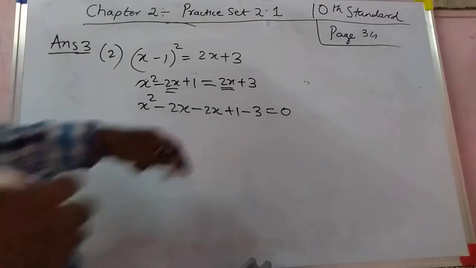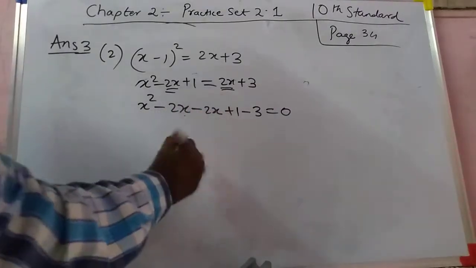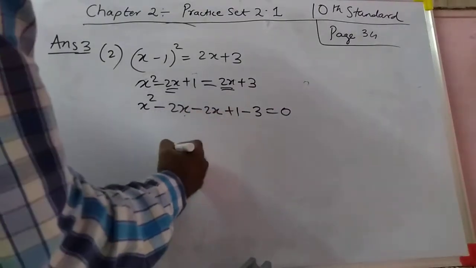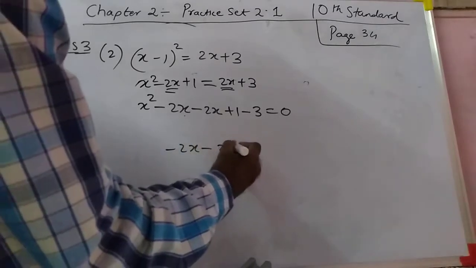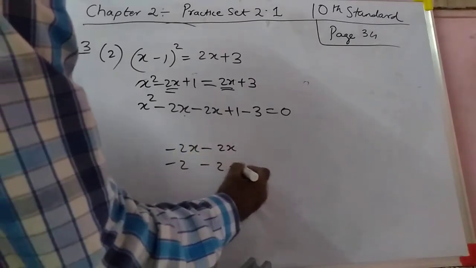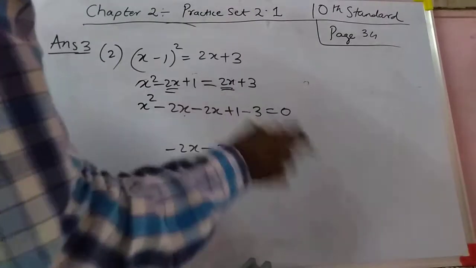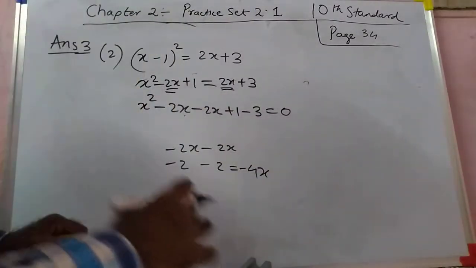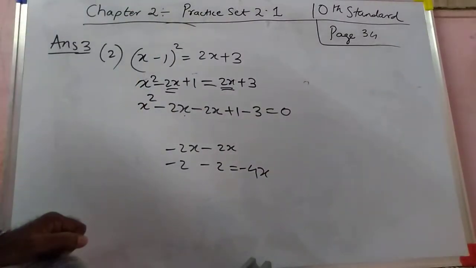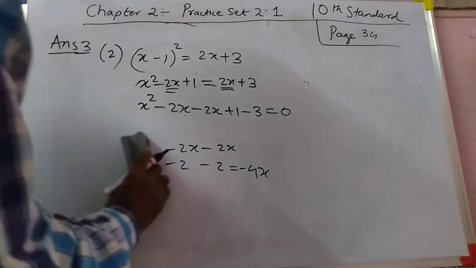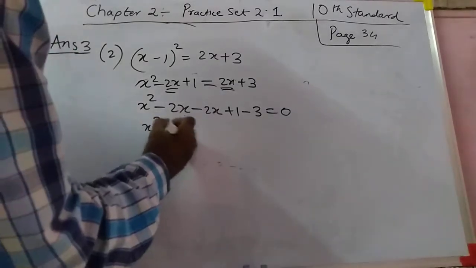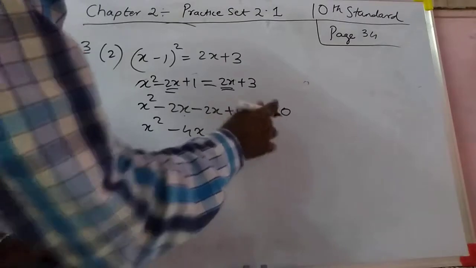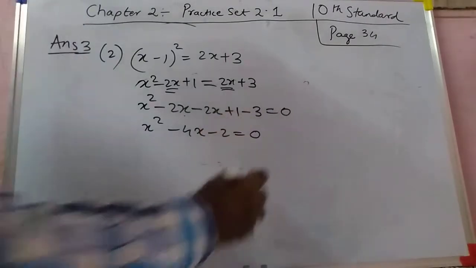Right, a variable इधर x है, means we can subtract it. Minus 2x minus 2x, this is minus 4x will come there. Okay, then x square minus 4x and 1 minus 3 is minus 2 is equal to 0.